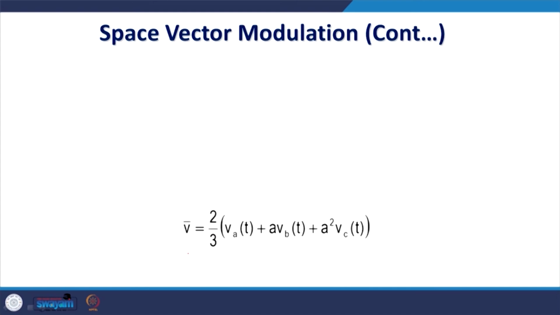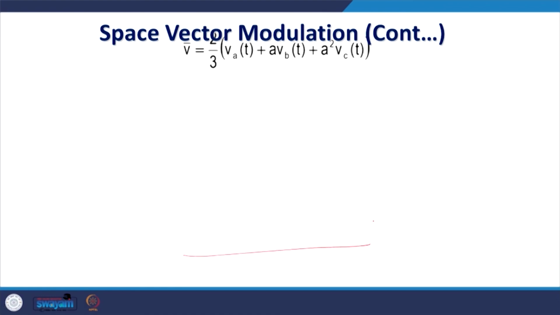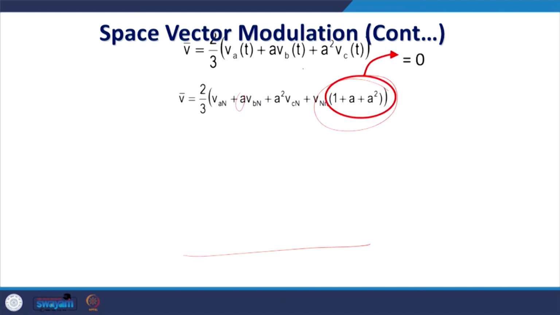So, this is the representation of this voltage. Next, the presentation will come like this. So, ultimately this summation will give you 0. So, you are left with this part of it, that is the beauty of this space vector modulation, you do not bother about the common mode voltages, they are going to cancel immediately. So, that is 2/3 of VAN plus VBN a plus VCN a square. So, this term is 0.